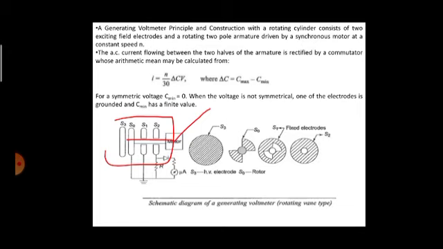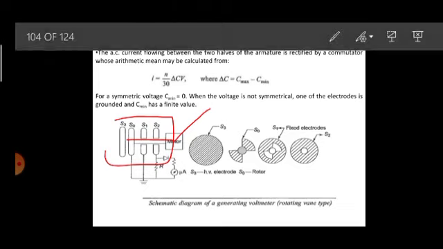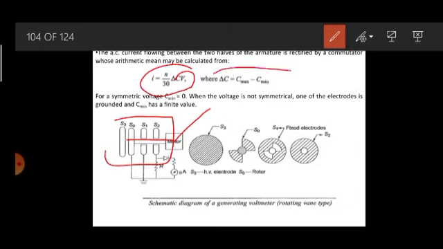Now the AC current flowing between the two halves of the armature is rectified by a commutator, as we know, whose arithmetic mean may be calculated from I is equal to n by 30 into delta C into V, where delta C is C max minus C min.